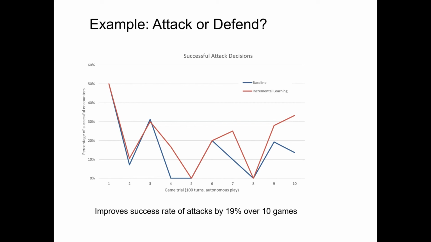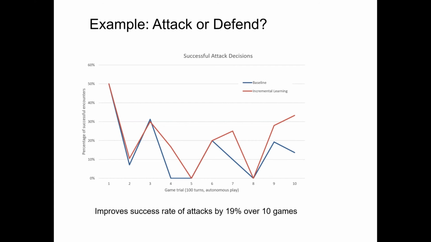And in this case, this was an example of defending a position. Within the context of the tactic of defending a position, we wanted to learn when to attack and when to just stay still and be passive and not to attack. And what this shows is over 10 games, the percentage of successful attack. So the baseline is always attack.